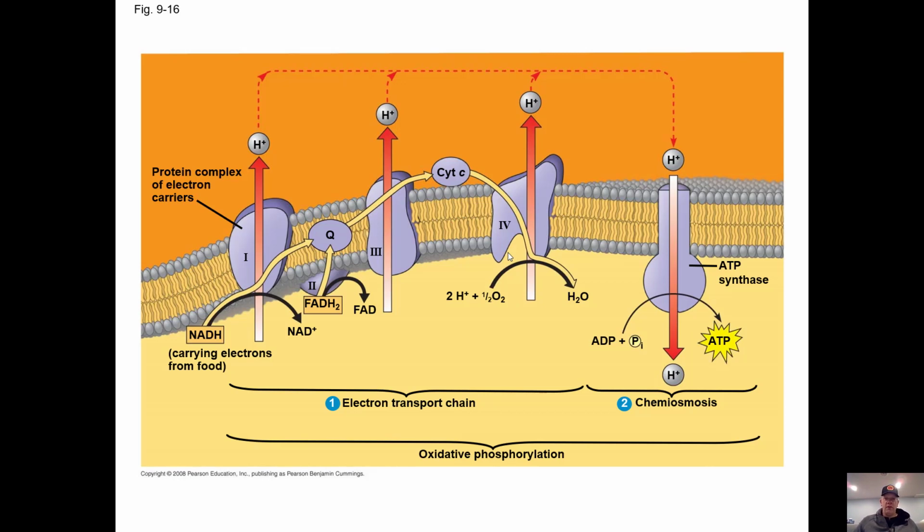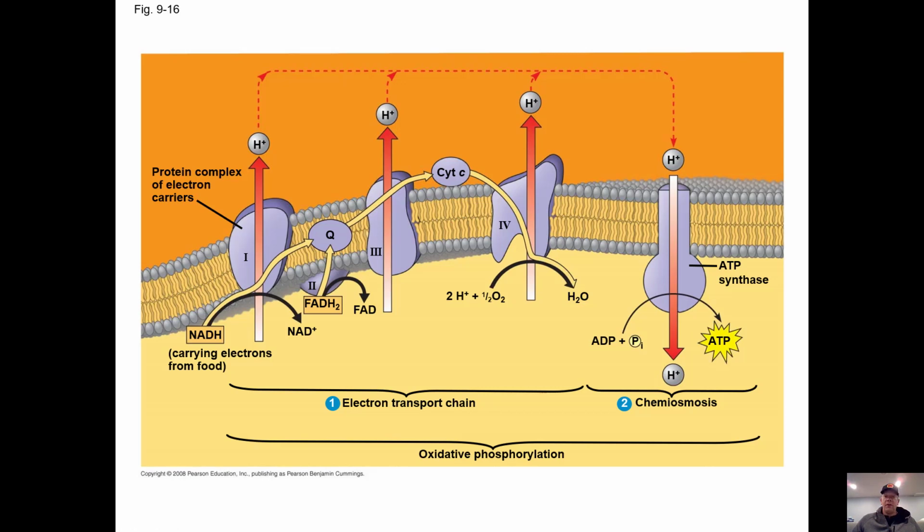Well, we already used up the sugar and already made the carbon dioxide. So here we're utilizing oxygen and making water. The only reason we really need oxygen in this process is to have that electron acceptor. Those electrons get accepted by the oxygen, they make water, and they have a place to go.